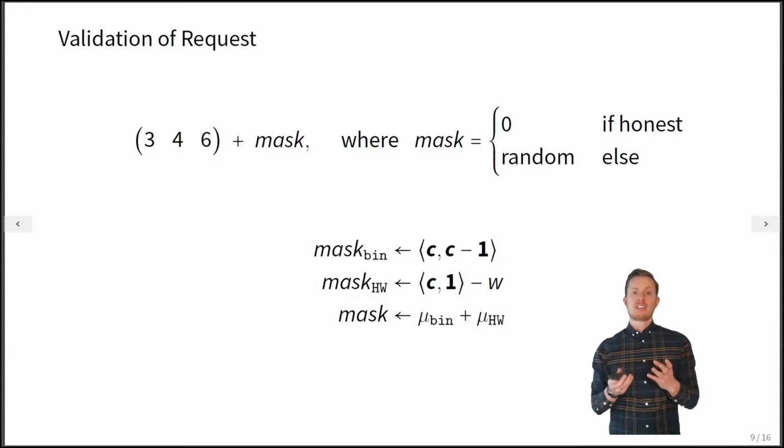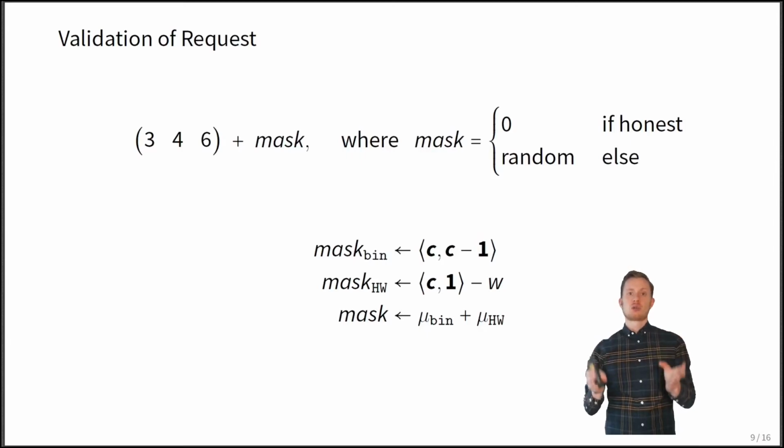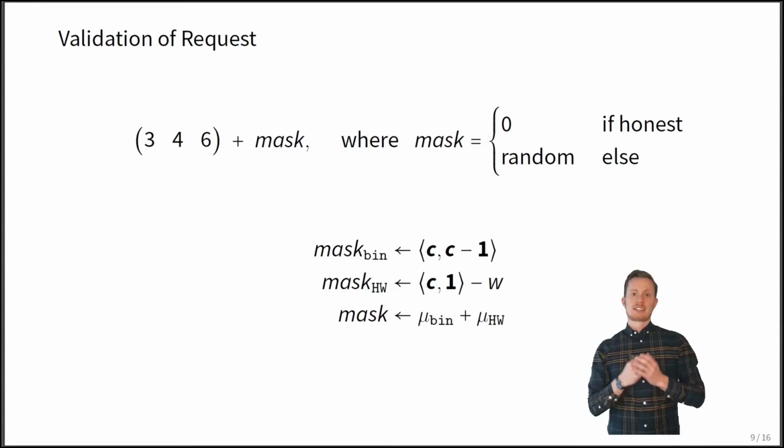In a more detailed way, we are computing two masks. First, we ensure that the vector that the researchers are sending is binary, and second, that it has a certain amount of Hamming weight. Here it is W, and the two parties can agree which value this W should be. And then we combine those two masks to one mask.